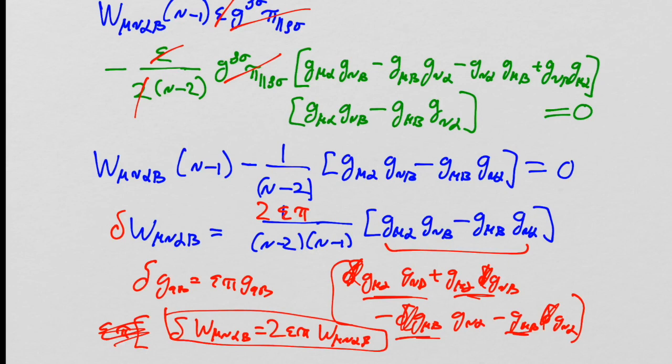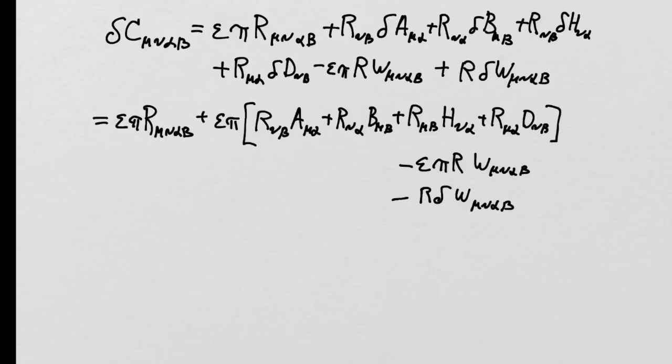And so if I go back to here, I can take this part and I can rewrite it as minus r epsilon pi, minus 2r epsilon pi, or is it plus 2?